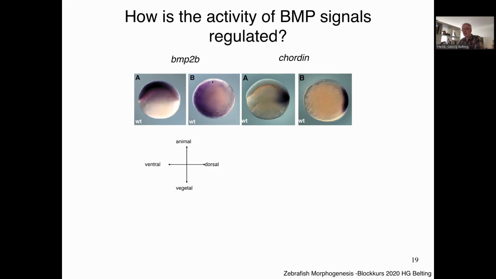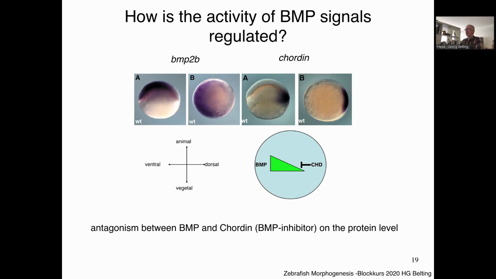RNA was ubiquitous, but now this expression of BMP, the endogenous expression of BMP, of course, is only on the ventral side. And chordin, its antagonist, is on the dorsal side. And we know that chordin directly inhibits BMP by binding to it, preventing the signaling. So we have an antagonism between BMP and chordin on the protein level.